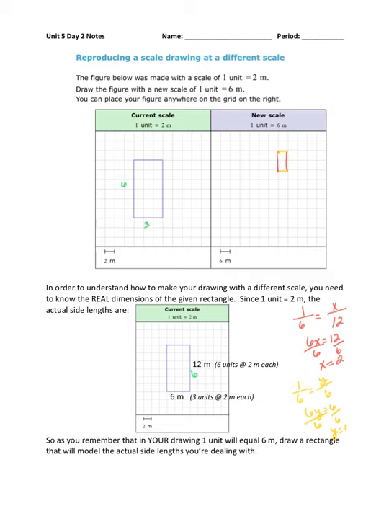All right? So the original scale was 1 unit equals 2 meters. The real measurements were 6 meters across, 12 meters high. That's the real measurement of the block. We're going to call it a concrete block. Now, I'm going to take the real measurements and draw them on a new scale.